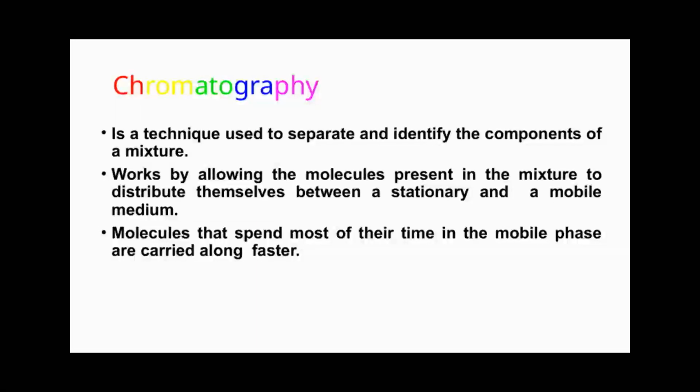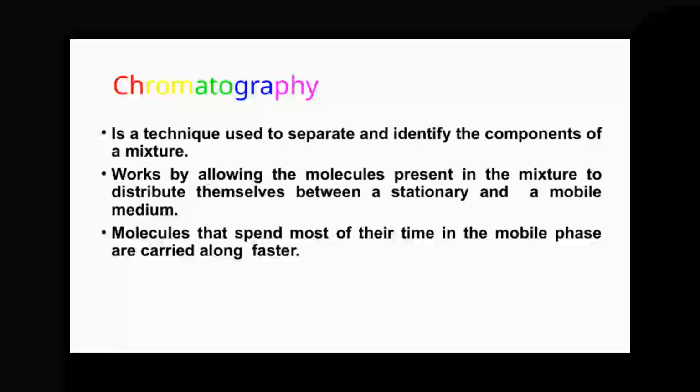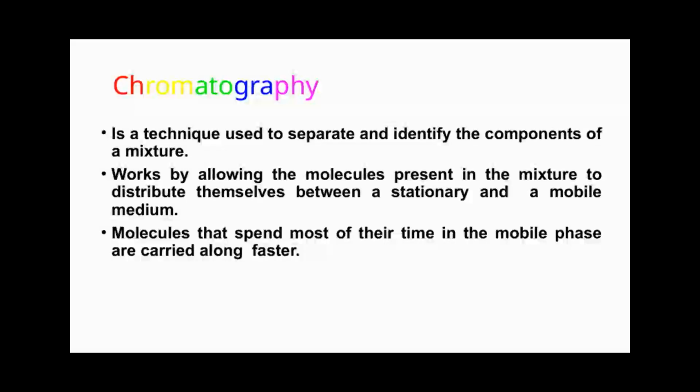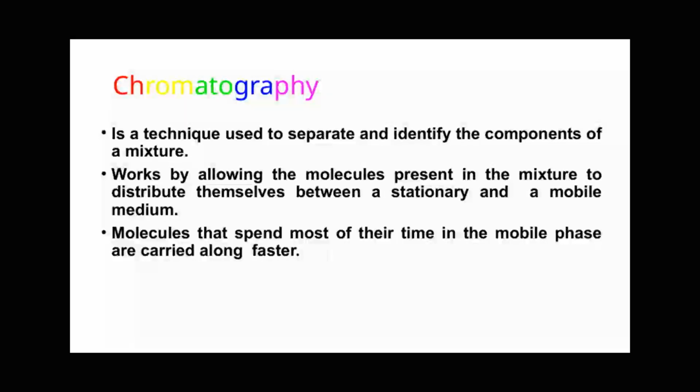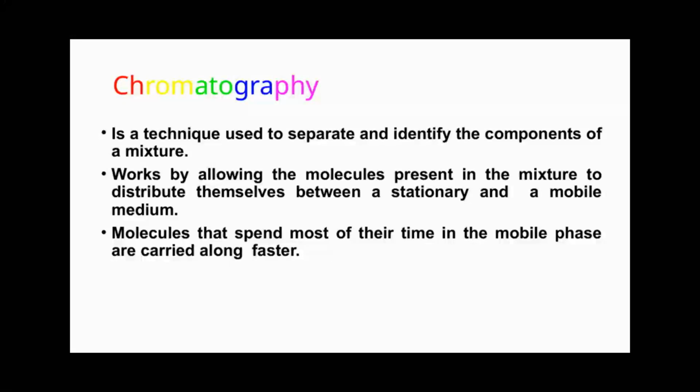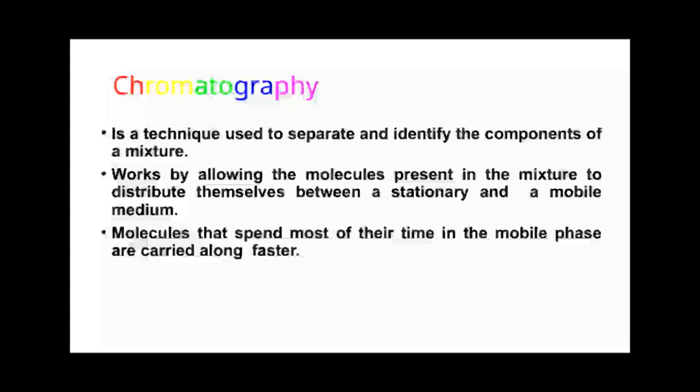This difference in how long they stay in each phase allows us to separate the components effectively. This technique is fundamental in analytical chemistry because it helps us analyze complex mixtures and identify individual substances. Throughout this presentation, we'll see how chromatography plays a vital role in various scientific applications.